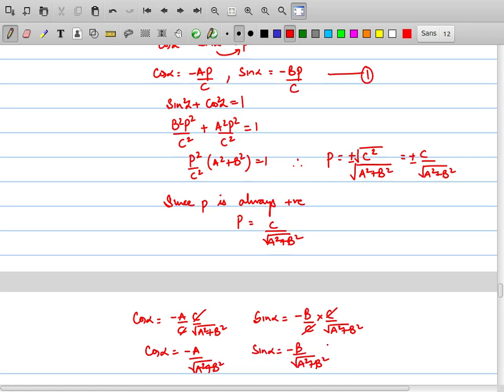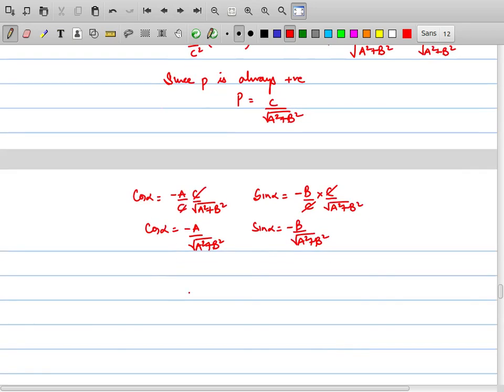Therefore, your equation takes the form: x cos alpha, that is minus Ax upon under root A square plus B square, plus y sin alpha, that is minus By upon under root A square plus B square, minus p equals 0. And what was p?